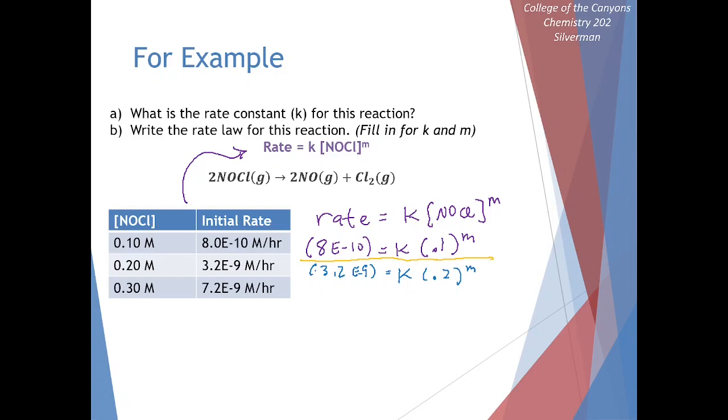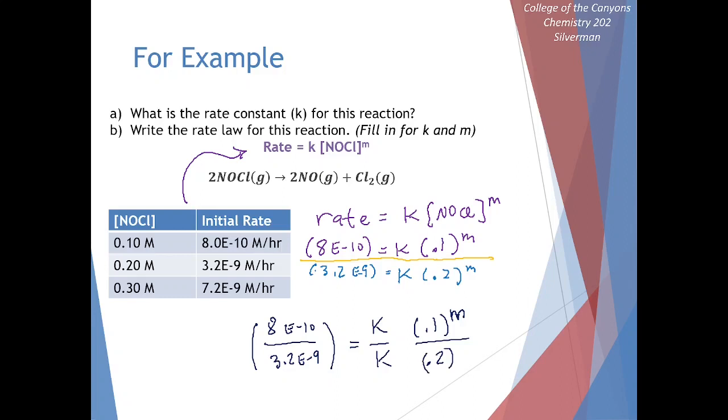And what we end up with is 8 times 10 to the negative 10 divided by 3.2 times 10 to the negative 9. That is what we get on the left side of our equation. On the right side of the equation, we have k divided by k, and we have 0.1 to the m divided by 0.2 to the m.